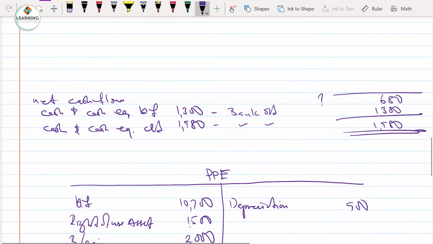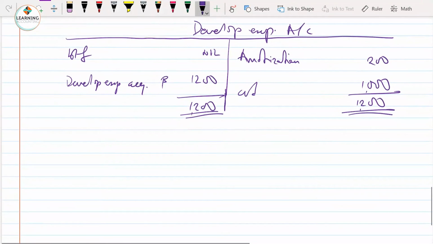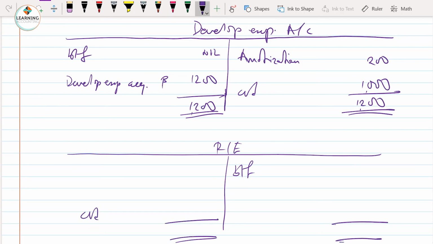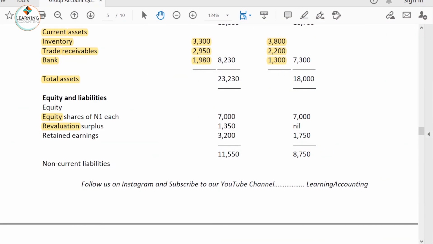Okay, so let's open the T account for retained earnings. RE. Now this one, the balance figure is starting on the credit side and the closing is ending on the debit side. So what do we have as the figures?